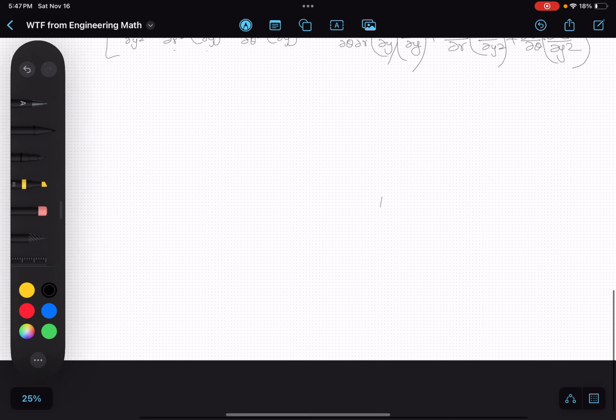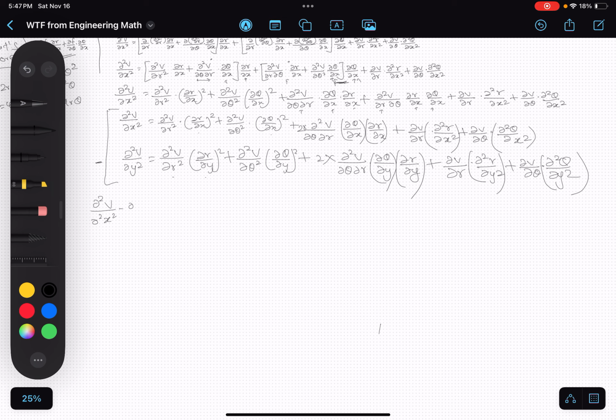If I do partial square b by partial x square minus partial square b by partial y square, what I'm going to get is partial square b by partial r square, right? And inside, these two things will be subtracted: partial r by partial x square minus partial r by partial y square. They will be subtracted, right?